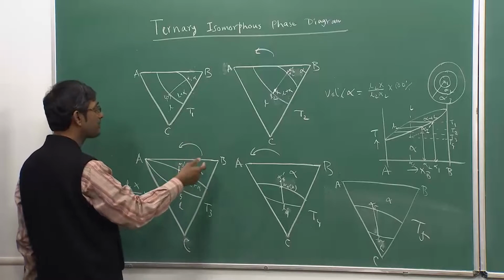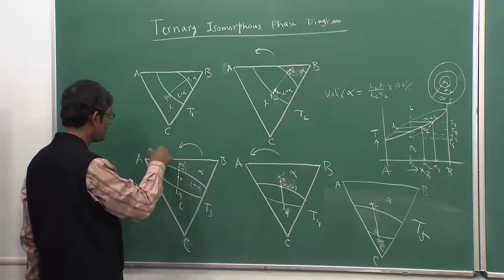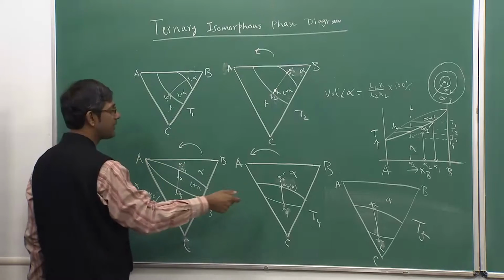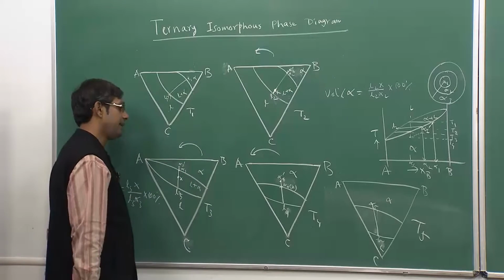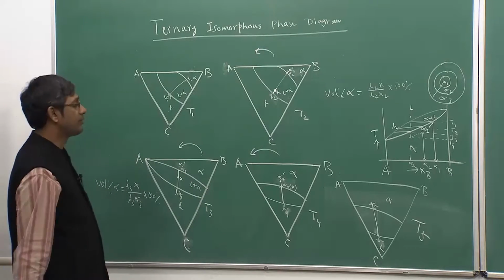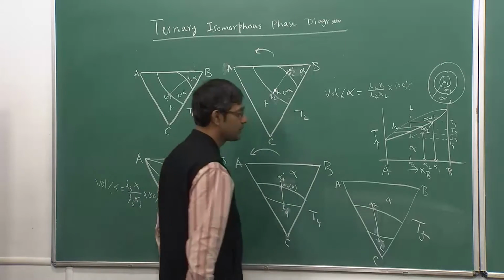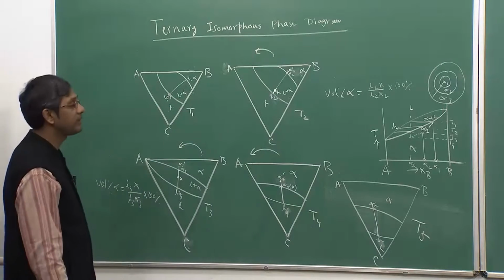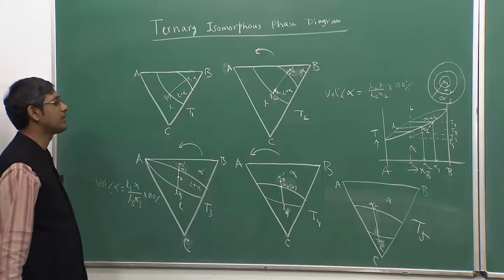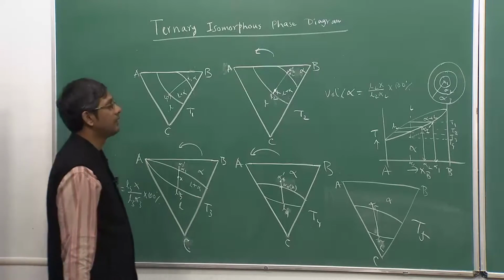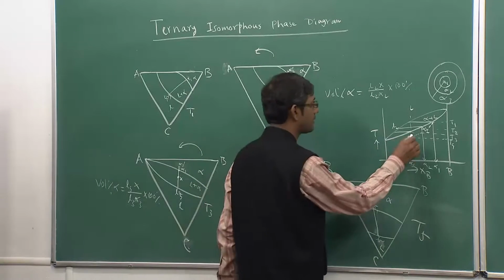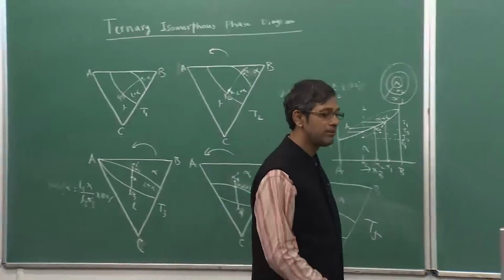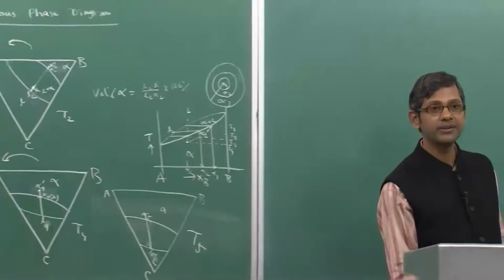Slowly it is shifting; initially it was rich in B, then it shifted to the mean between A and B, finally it shifted to A, B, C also, and finally it will solidify at a composition which will be the same as the original composition, but at a lower temperature like this. That is how we show the variation of the solidification sequence in the non-equilibrium manner, okay.